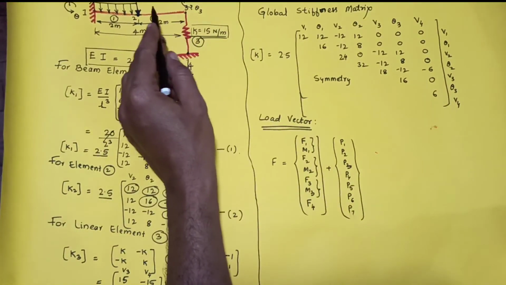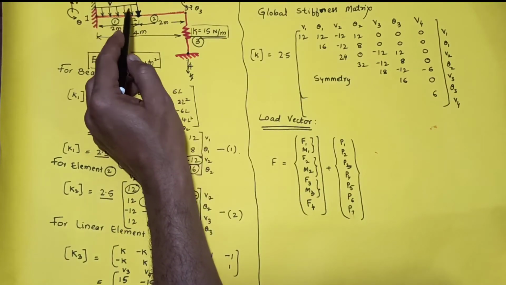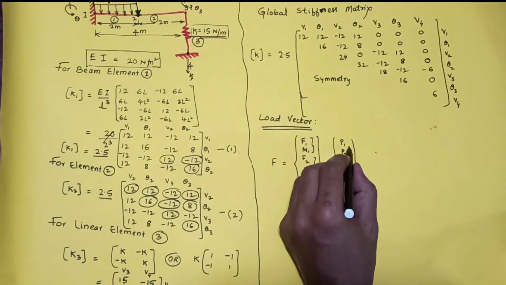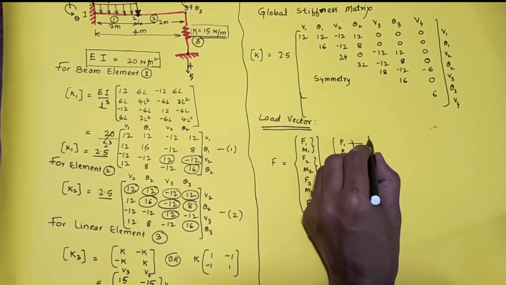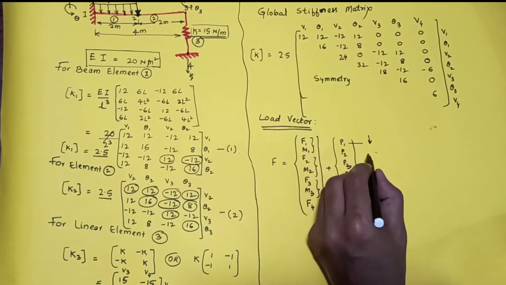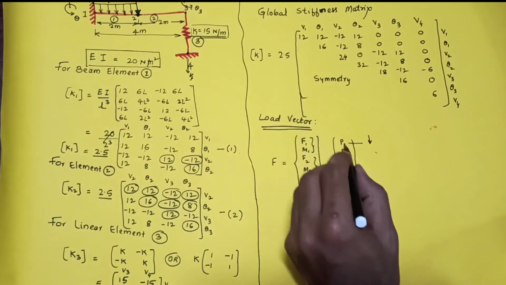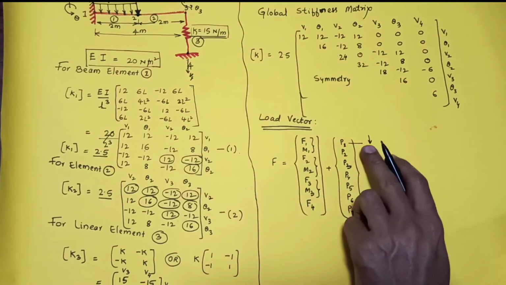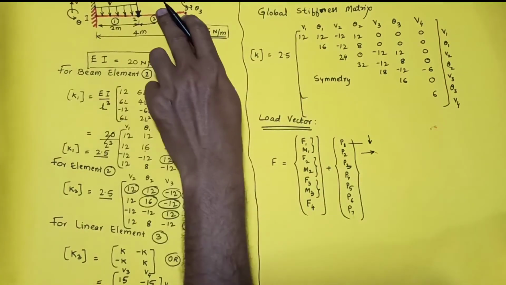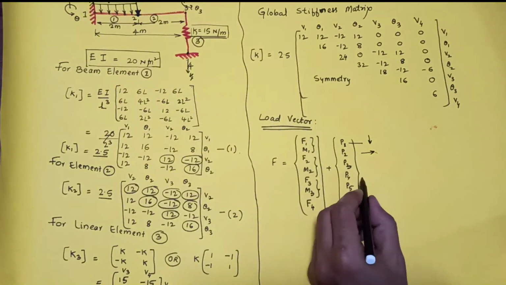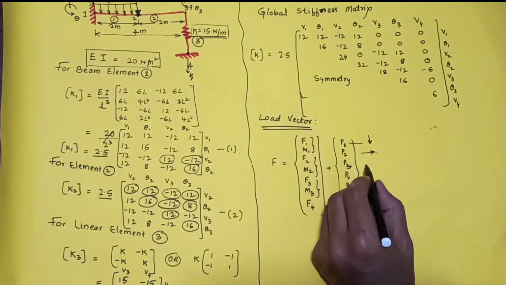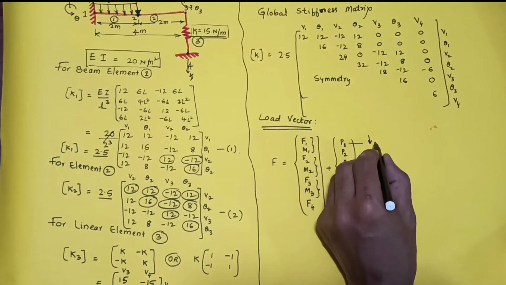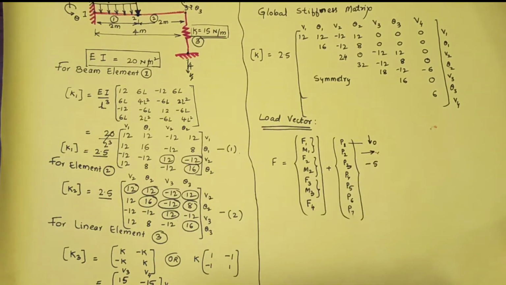At node 1 and node 2, P1 and P2: P1 is for vertical load, and P2 is for horizontal load; odd numbering will be vertical, even numbering will be horizontal point loads. At node 1 there is no force, but at node 2 there will be a vertical force, which will be P3. How much? 5 Newton is applied, so minus 5. The other forces will be 0, 0, 0. All the other point loads will be considered as 0.